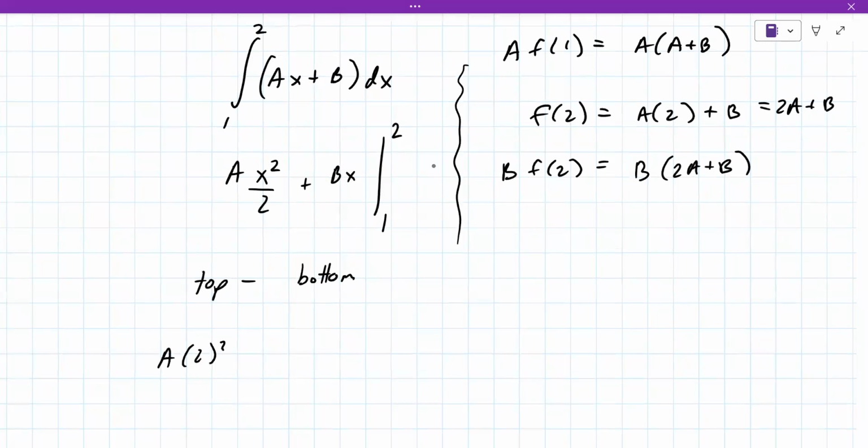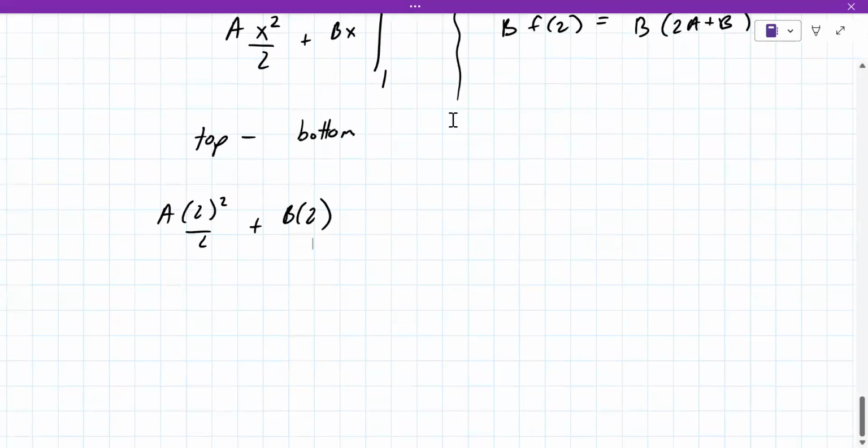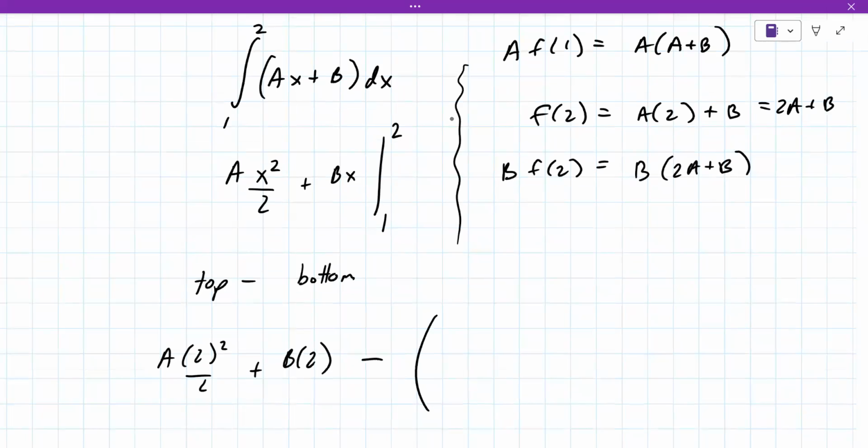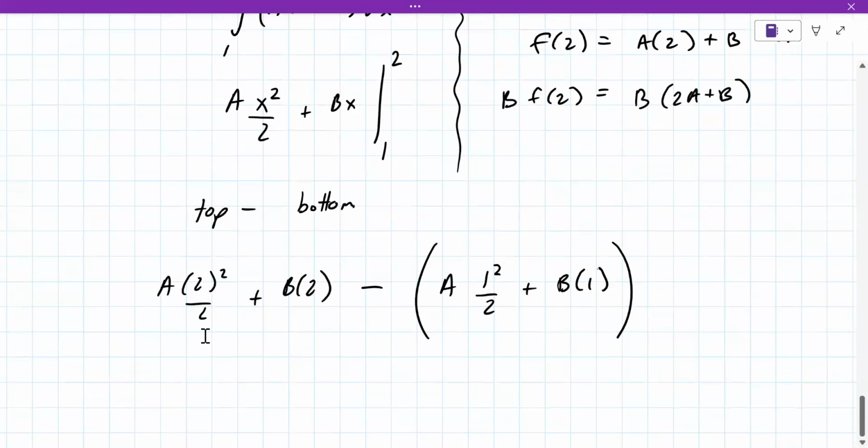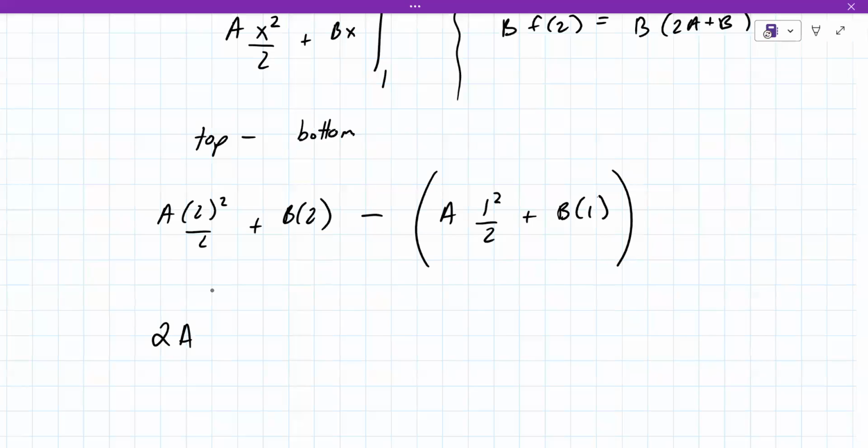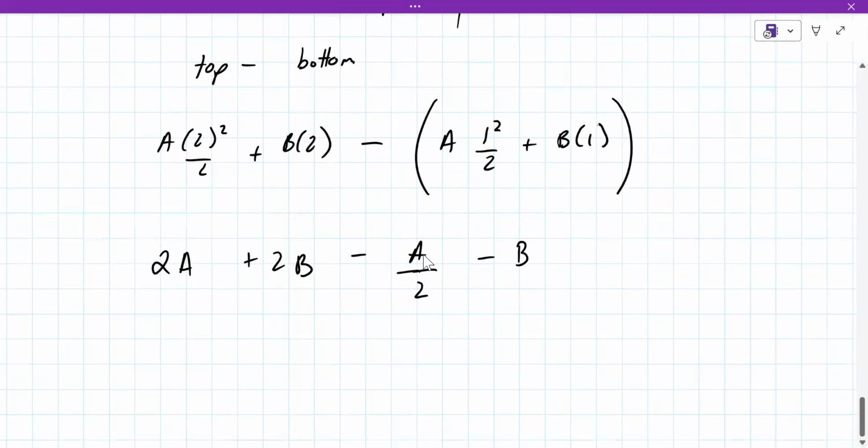So it's A times 2 squared over 2 plus b times 2, minus A times 1 squared over 2 plus b times 1. So 2 squared over 2 is 2A plus 2b minus A over 2 minus b. So this becomes 2A minus A over 2, or 1/2 A, is 3 over 2 A plus 1b.